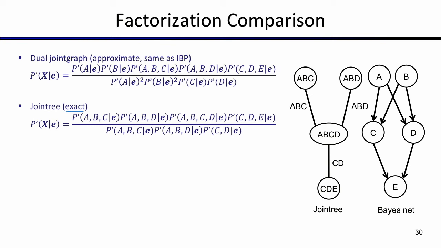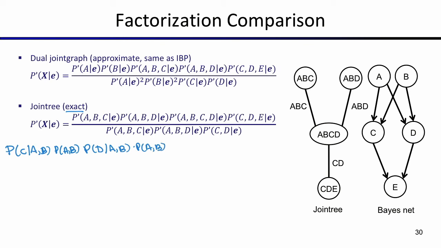So I will again drop the conditioning on evidence in order to make it a little easier to write. We have the probability of ABC, but what I want is the probability of C given AB. So I will multiply this by the probability of AB. And I have the probability of ABD, but what I want is the probability of D given AB. So I will multiply by the probability of AB.